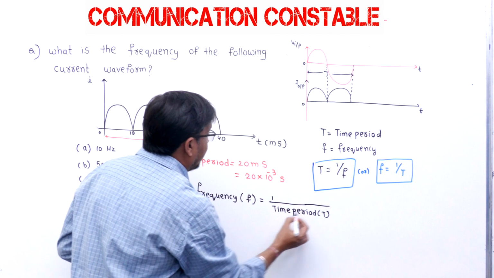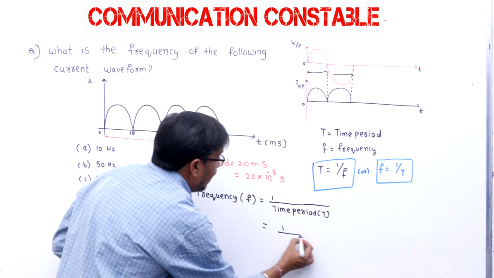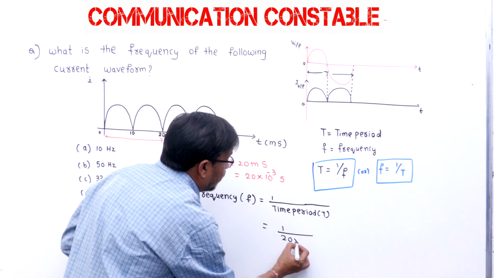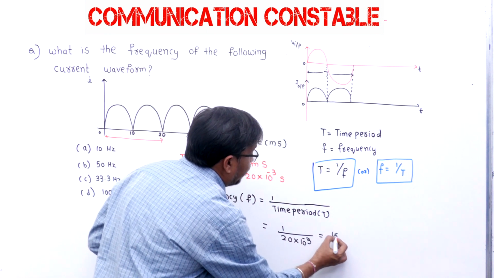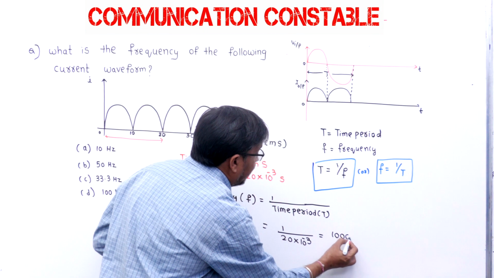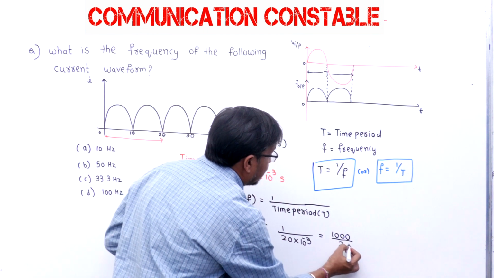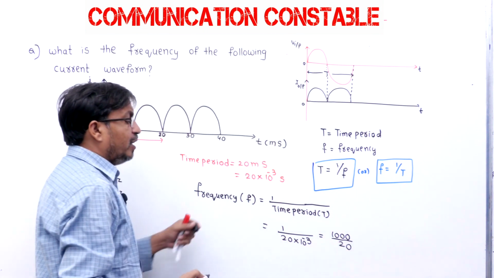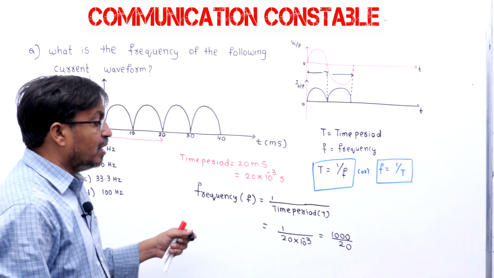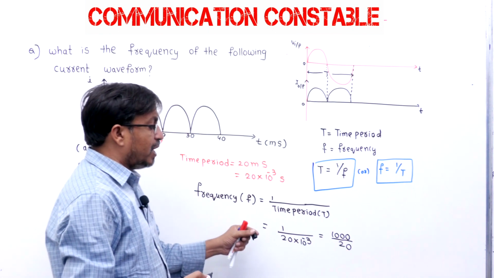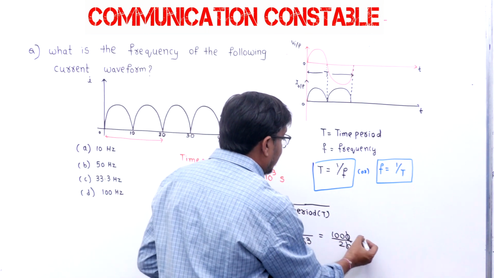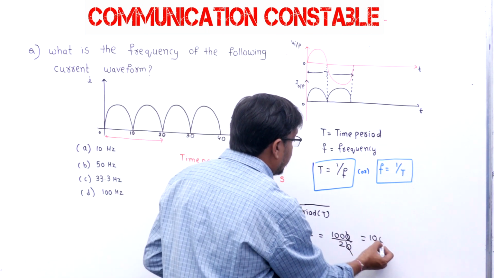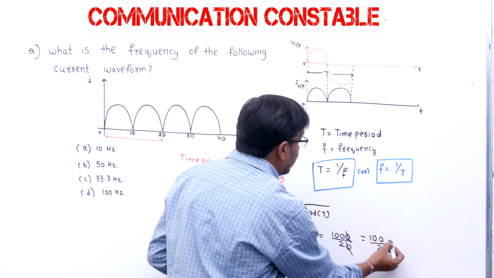That equals 1 by 20 into 10 power minus 3. I am writing 10 power 3, that is 1000 by 20. 10 power minus 3 in the numerator becomes plus 3. What is the value of 10 power 3? 1000 divided by 20. So the 0 will be cancelled, that equals 100 by 2, that equals 50.